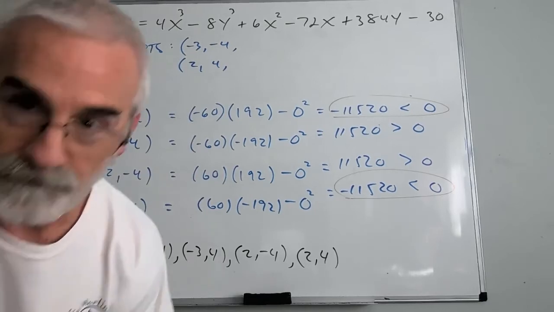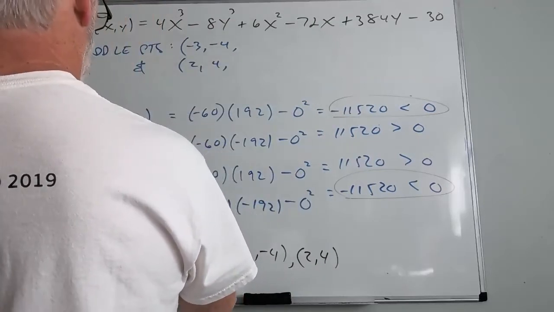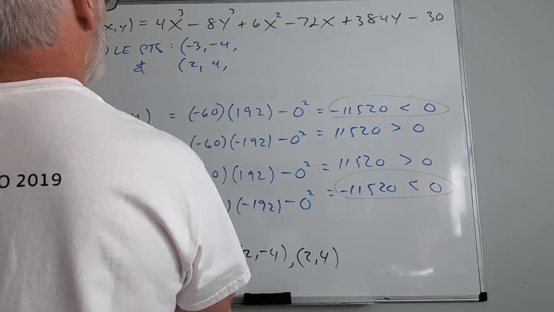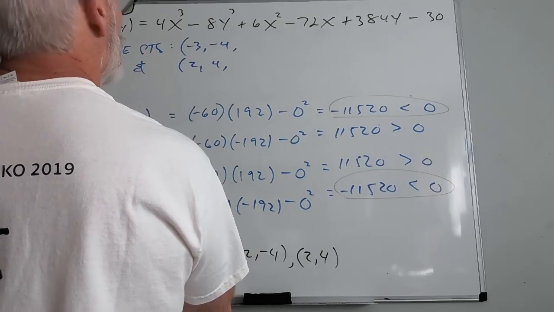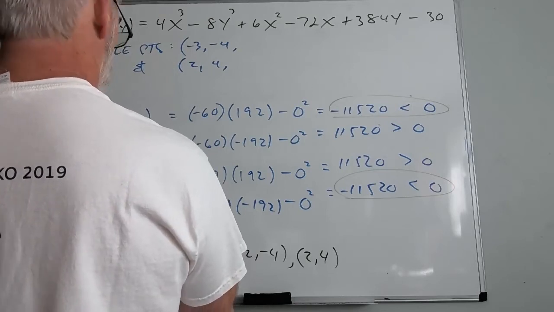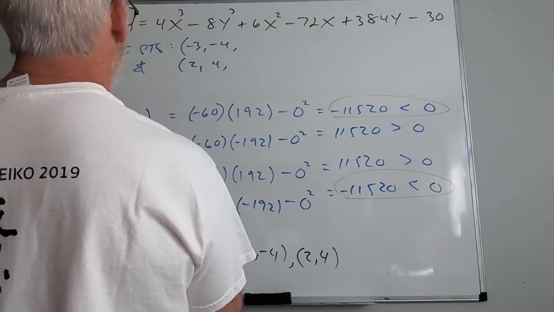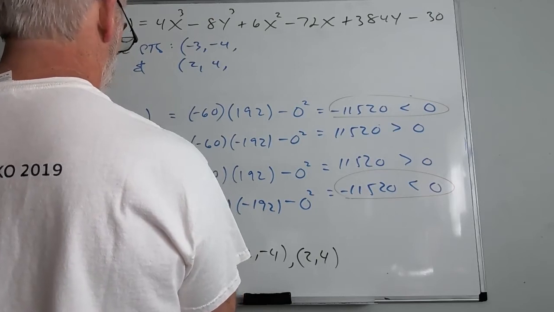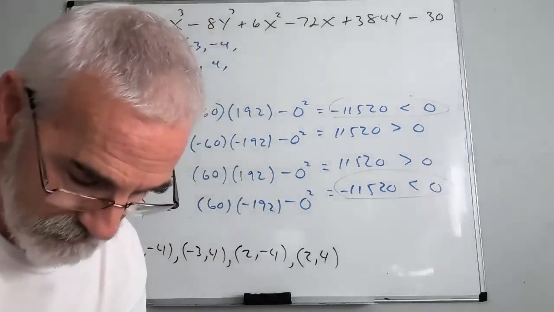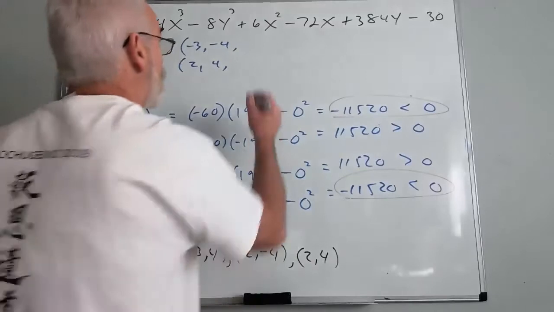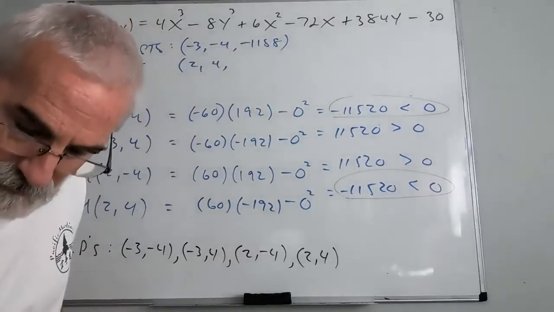So get out my calculator again. I'm going to put these numbers into there. All right. So negative. I didn't mess this up. And by the way, I may have messed this up. I believe I got -1188. Okay.